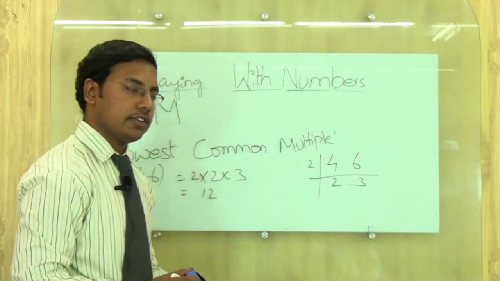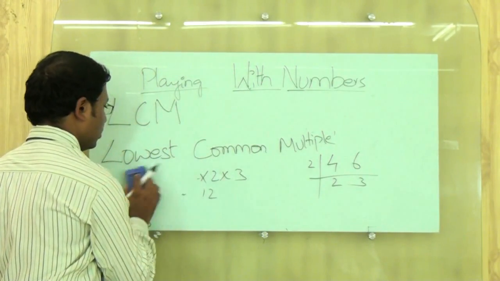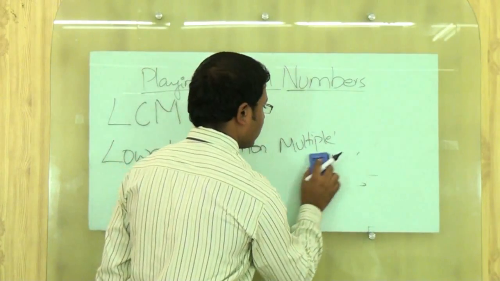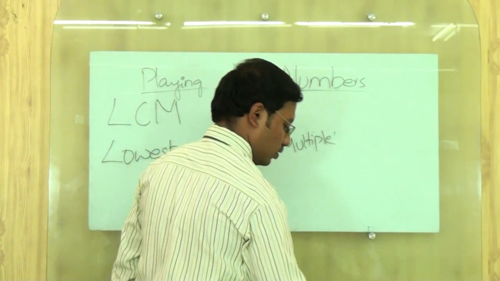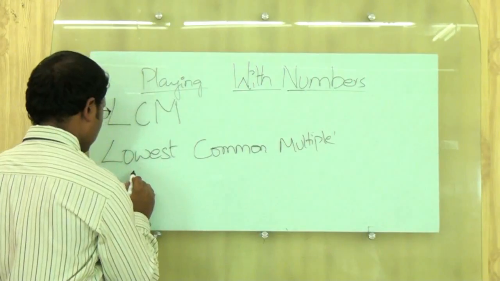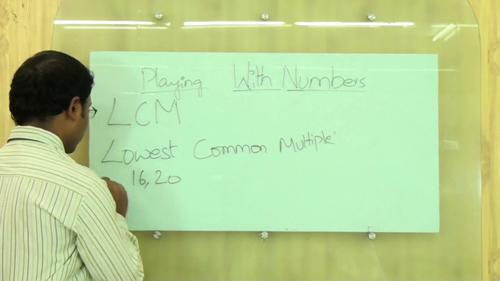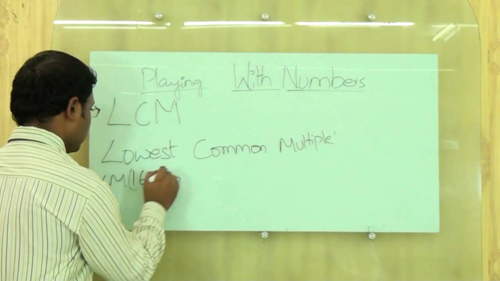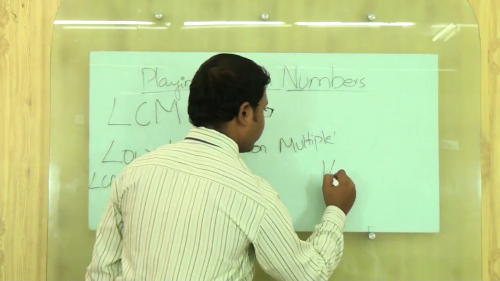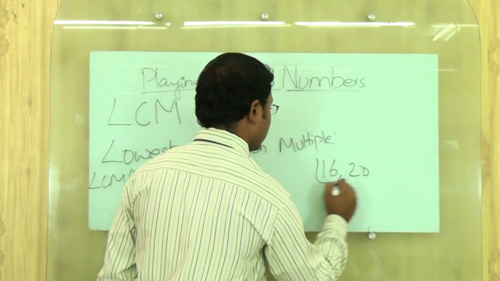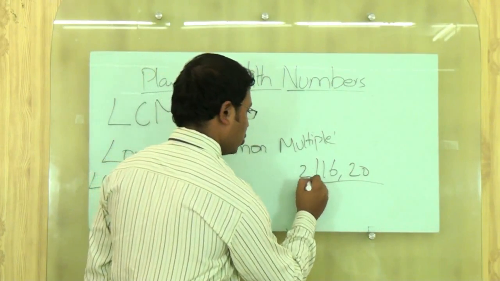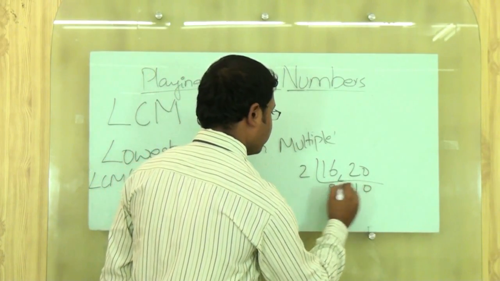Let us take another example. Find the LCM of 16 and 20. 2 8s are 16, 2 10s are 20.